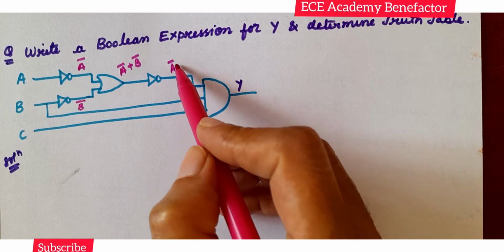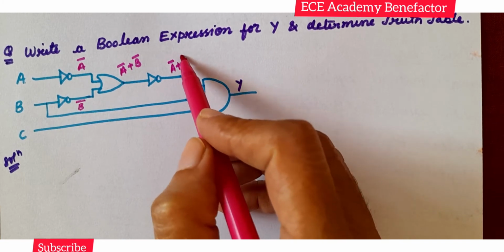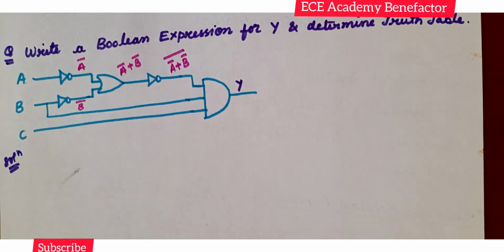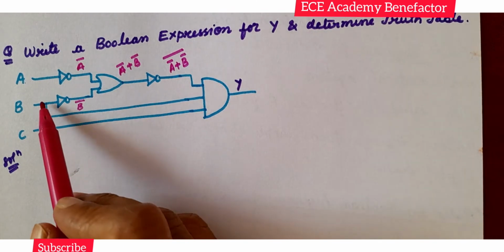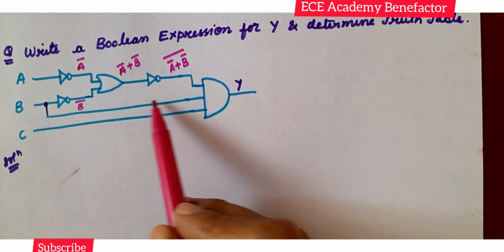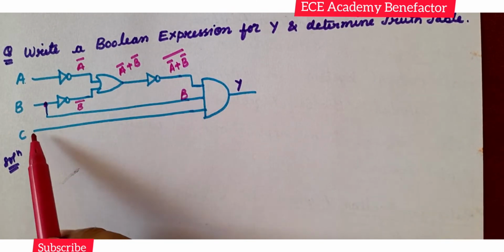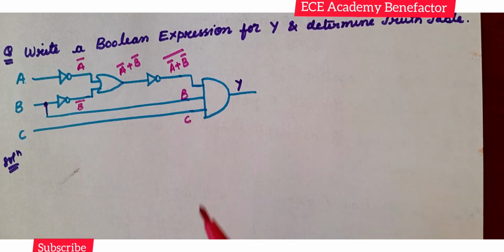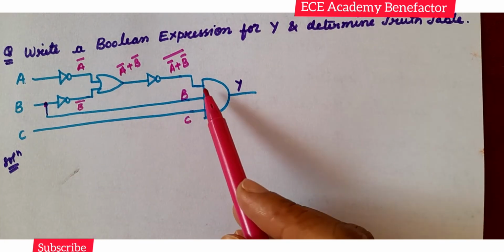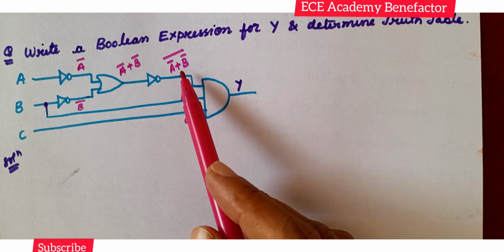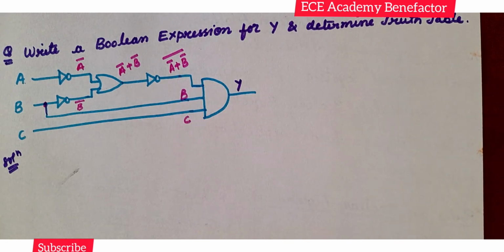So, we will get A bar plus B bar the whole bar. From here you are getting B and here you are getting C. The inputs for this AND gate are these 3 input variables.